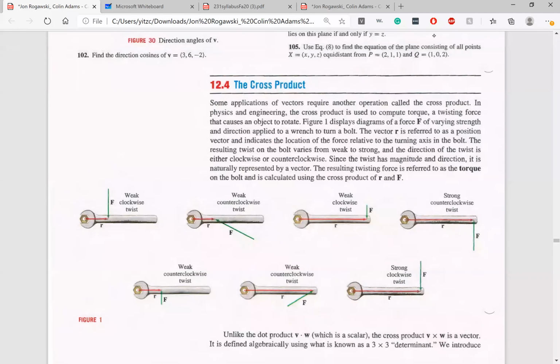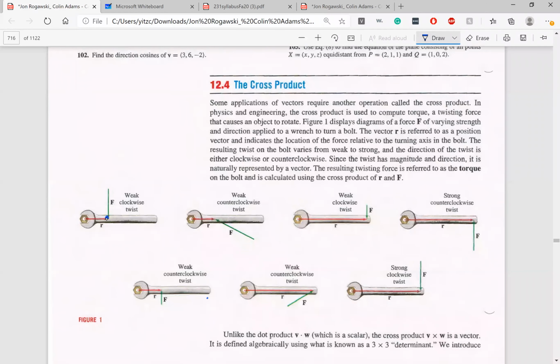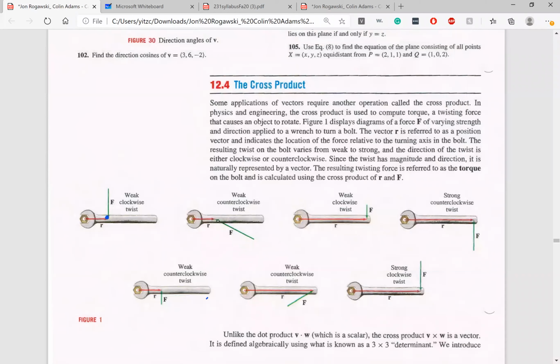One of the biggest uses of the cross product is if you have, let's say, a wrench and you apply force to it at some point. So different vectors of forces can be applied to this wrench at different places.